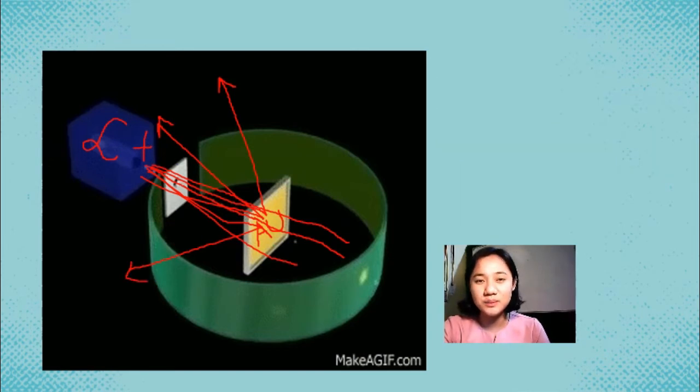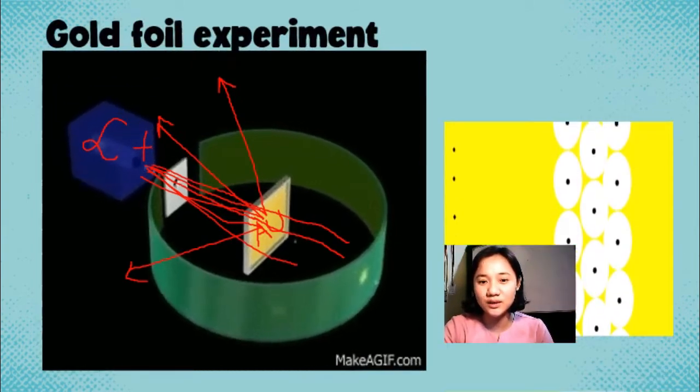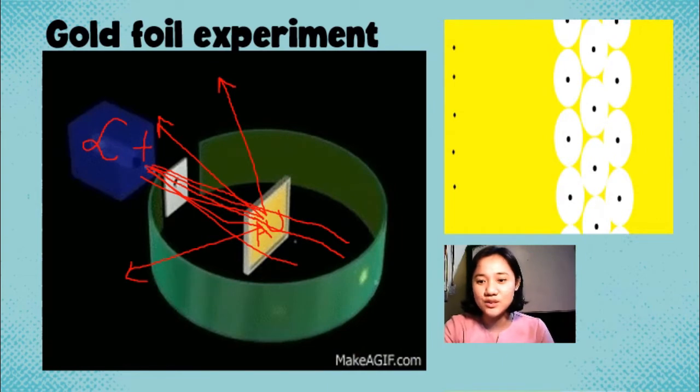Again, Ernest Rutherford's expectation was that all of them would just pass through. But then, this was the result of his experiment. So, why was the result of the gold foil experiment like that? In a closer look, this one is the alpha particle. Once it passes through, it goes straight.